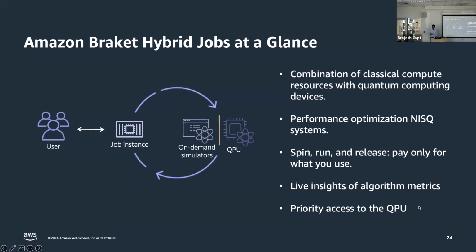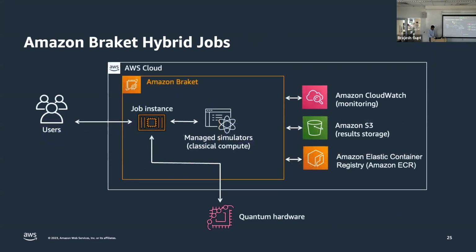If you are running a hybrid job, until the job is completed, either in terms of cost or some kind of convergence in the error function, or convergence in whatever metric you have defined, the QPUs are available to hybrid jobs on a priority basis. So a hybrid job is similar to what we described before, that is part of the AWS cloud, and there's this job instance.